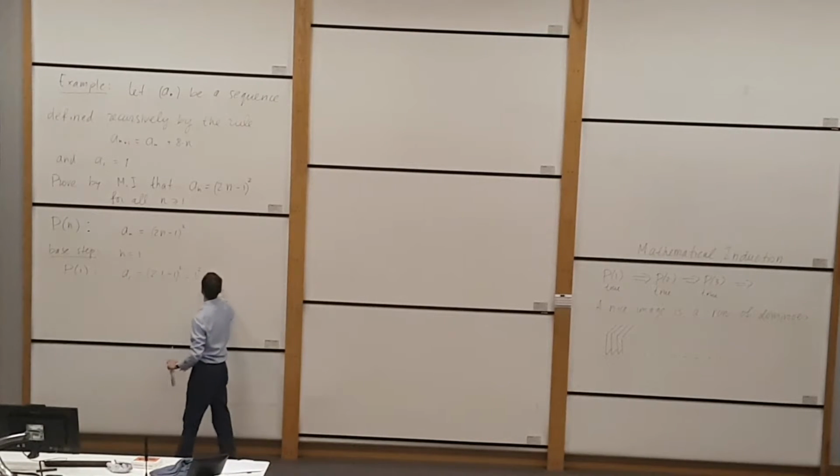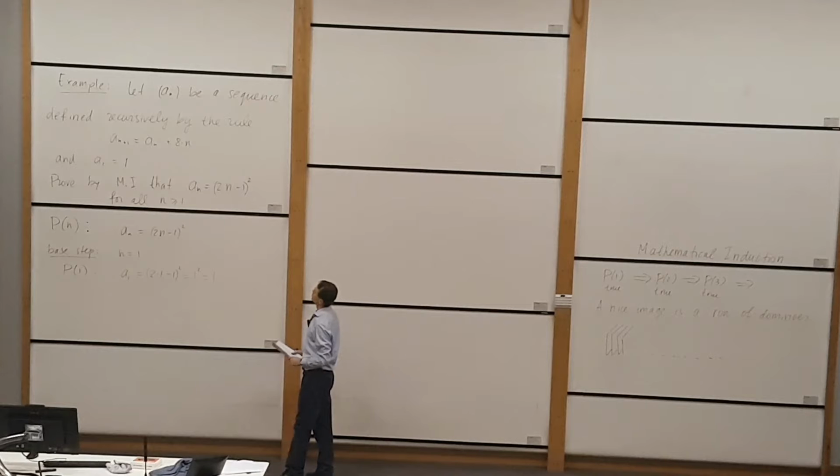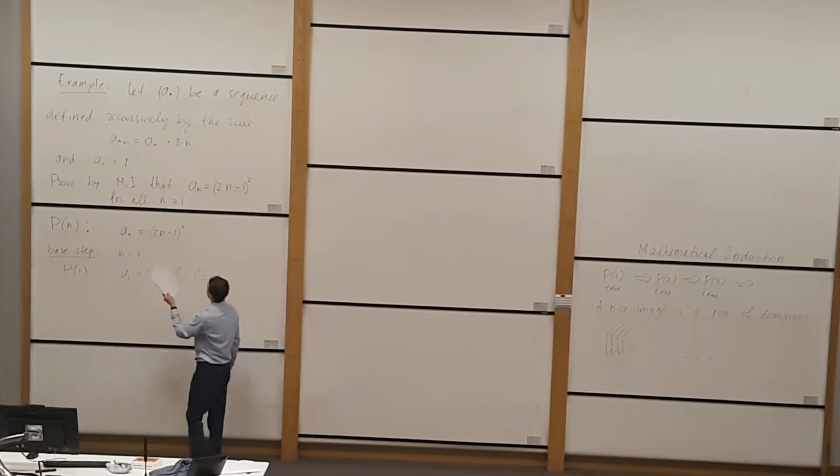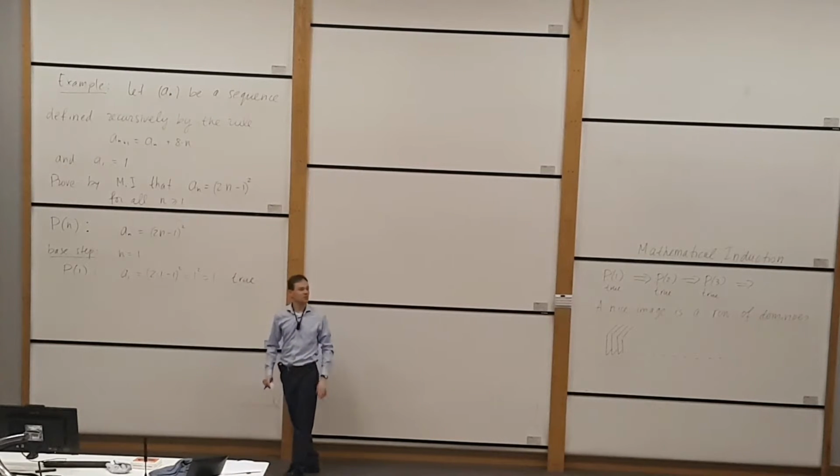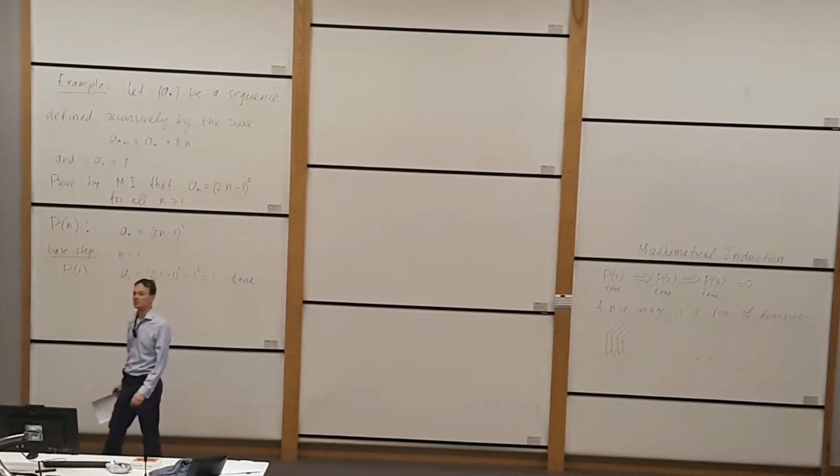So that's 1 squared, that's 1. And that's true, because we were told that the first term in our sequence is 1. Okay, so base step is really usually absolutely straightforward. Just substitute the number and check.